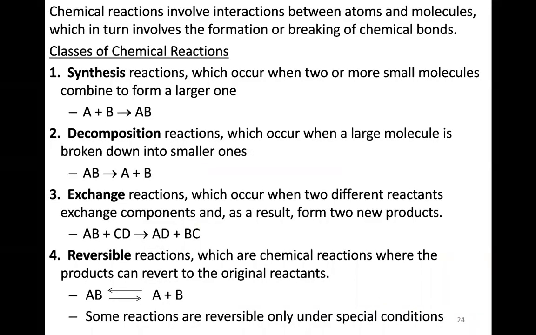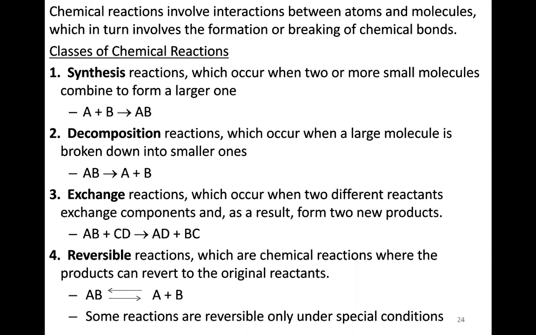Final thing here in our chemistry lecture are the 4 classes of chemical reactions. Definition and kind of an easy way to describe what's taking place with some letters. Once again, a chemical reaction involves interactions between atoms and molecules.